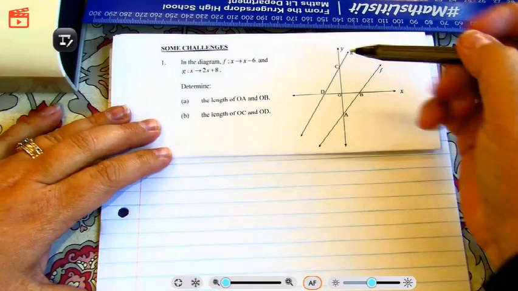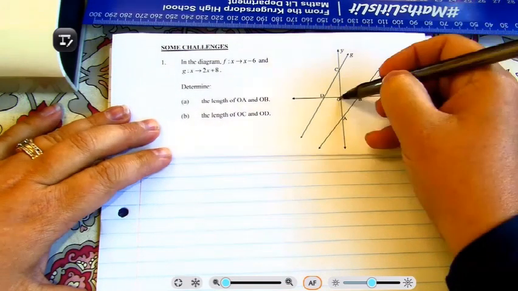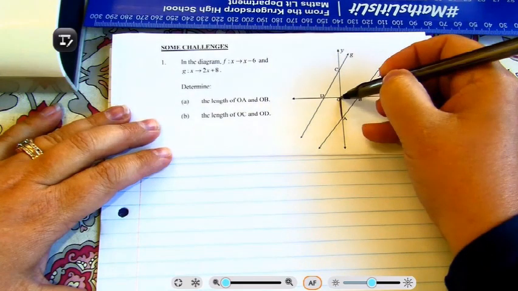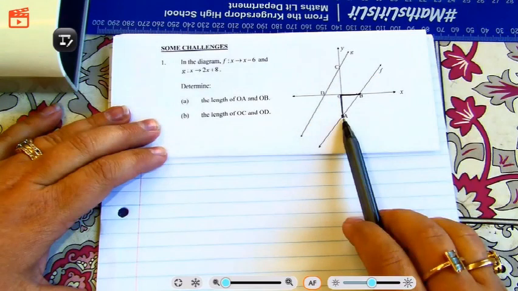So they're asking for this here, OA, and that OB. So what you would notice is that we actually have to work out the value of A and the value of B. And you will see that A is your y-intercept and B is your x-intercept. So what they're actually asking is that we work out the intercepts of our graph.